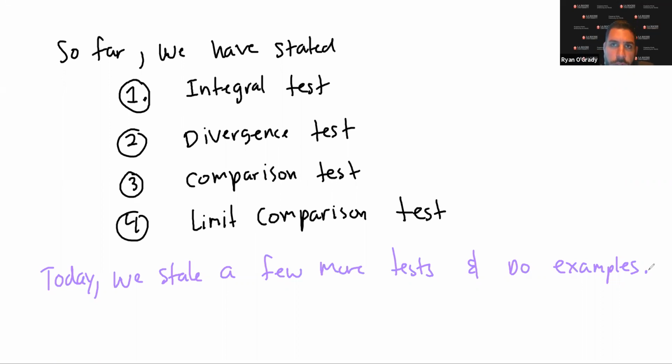And we actually used this to motivate the comparison test. In order to use a comparison test, you have to have a known entity. And that is where your knowledge of, say, P-series and geometric series is useful. If you look at a series and it resembles a P-series, then you might be able to use that to your advantage. So let's do an example or two of that.